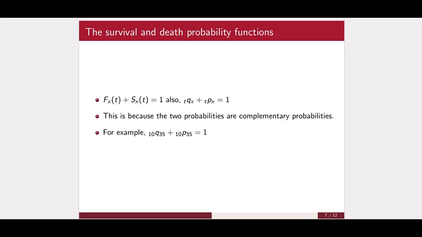Since the probabilities of survival and death are opposite sides of the same coin, they are complementary probabilities. It means that the sum of their probabilities is equal to 1. Therefore, Fx(t) plus Sx(t) is equal to 1. Also, tqx plus tpx is equal to 1. For example, 10q35 plus 10p35 is equal to 1.